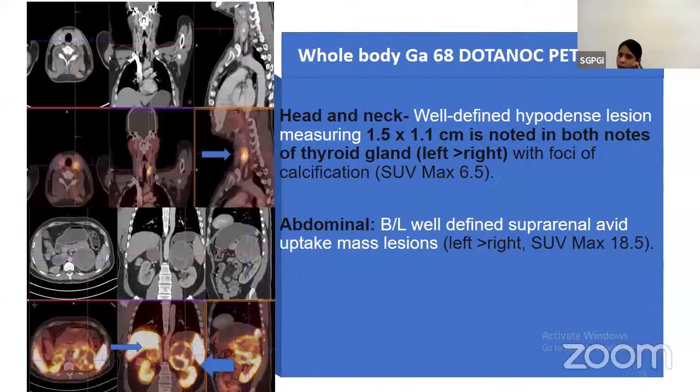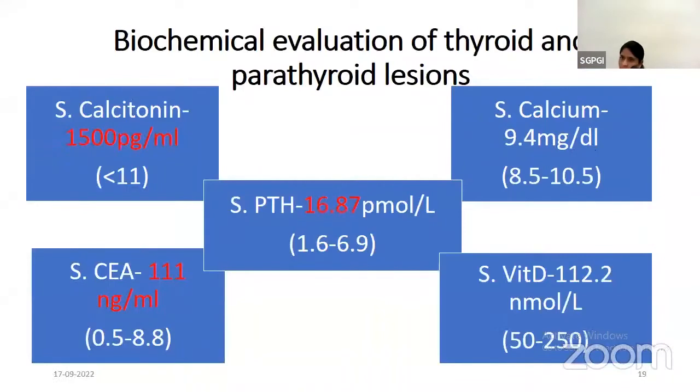The total body scan of the abdomen and neck also showed the nodules. This is the neck nodule measuring 1.5 by 1 centimeter with avid uptake, and this is the abdominal mass. This is the left side mass, and this is the right side mass, also showing uptake in the lesion.